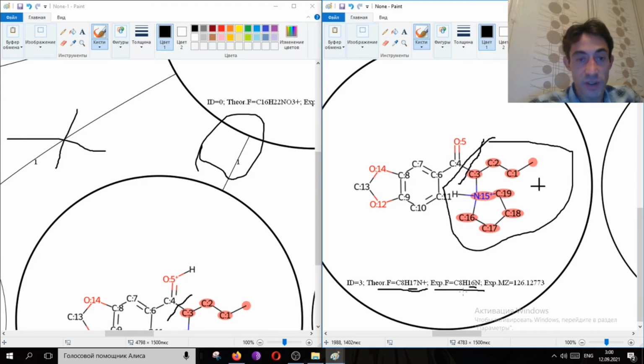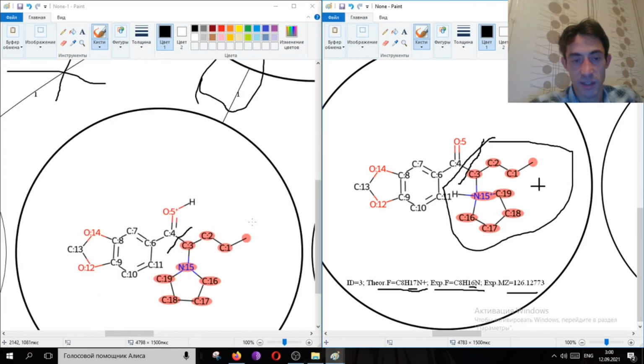How could it be verified? It could be verified using, of course, the results of hydrogen-deuterium exchange experiments. For example, if this fragment does not carry deuterium, it means that it is formed when ionization occurs here. Otherwise, it would carry deuterium.